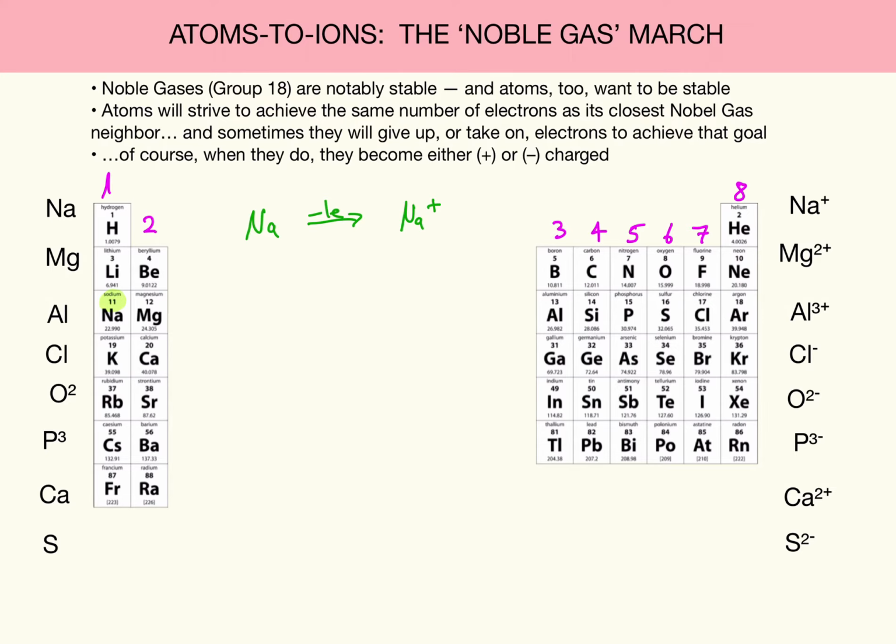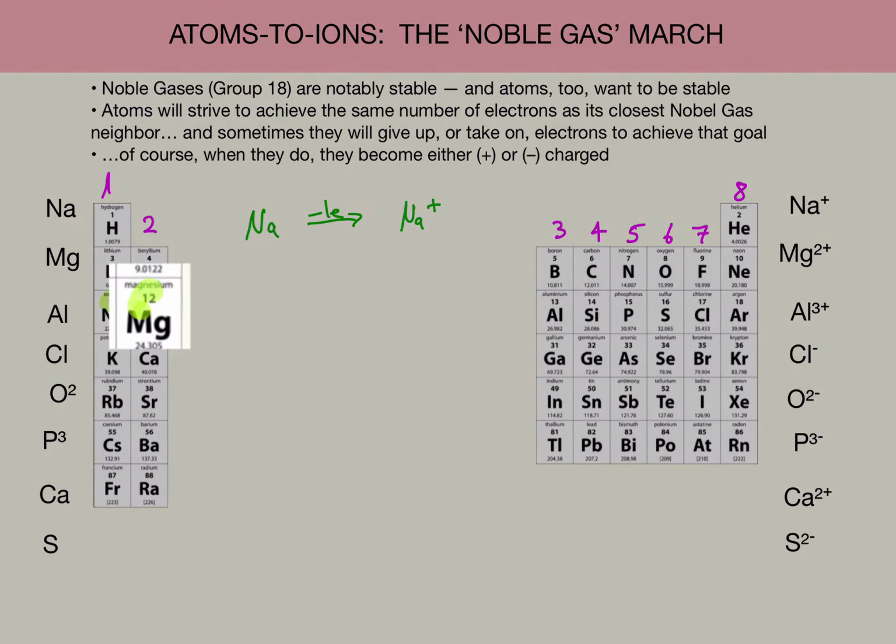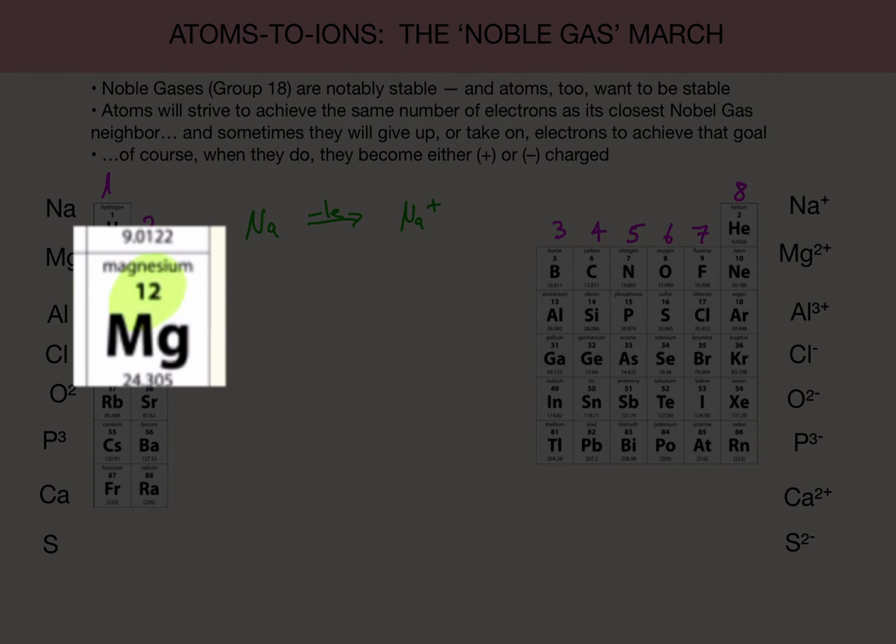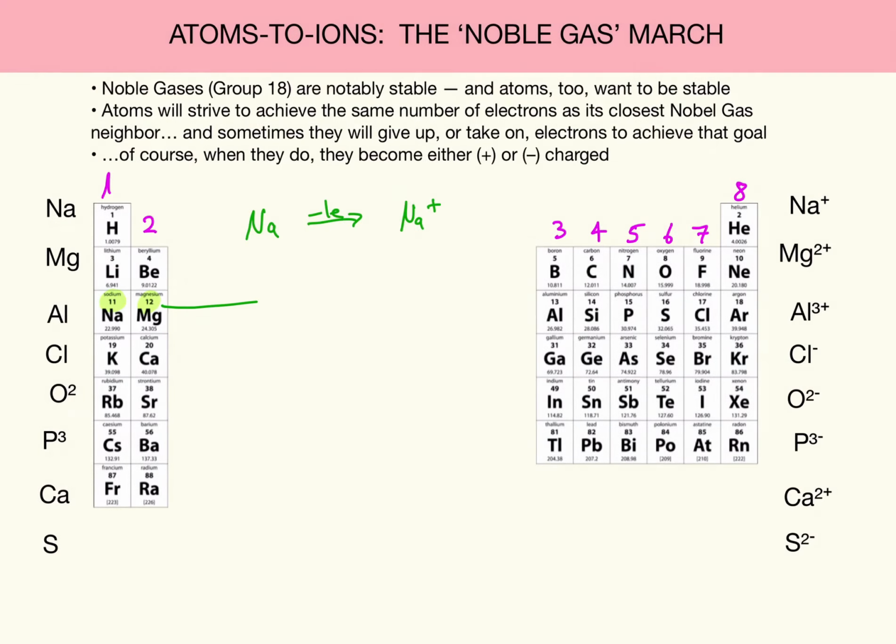Well, let's have a look at magnesium. Magnesium has 12 protons, therefore it has 12 electrons. So when it marches to the noble gas column, it can either gain 6 or lose 2. And its nearest neighbor is to lose 2, therefore magnesium will lose 2 electrons and therefore has a net charge of +2.